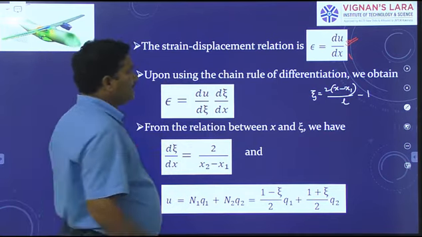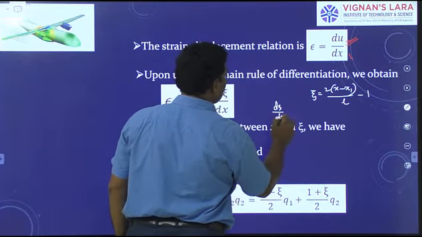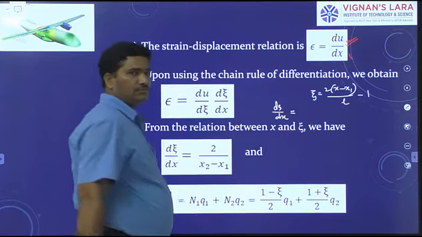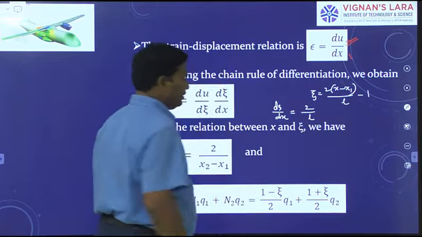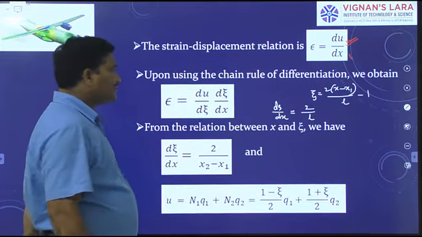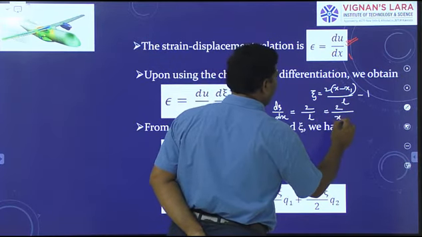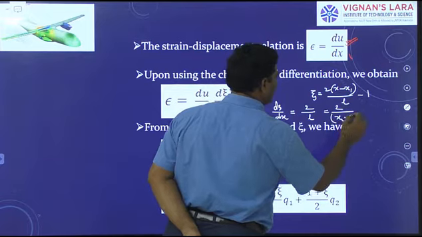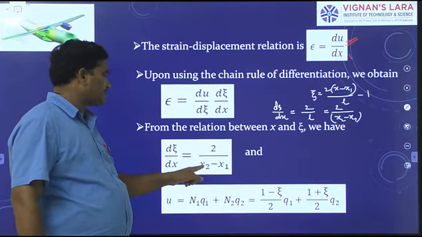Let us see dξ/dx. It is simply 2/L. What is L here? Length of the element, that is x2 minus x1. Therefore, dξ/dx is 2/(x2 minus x1).